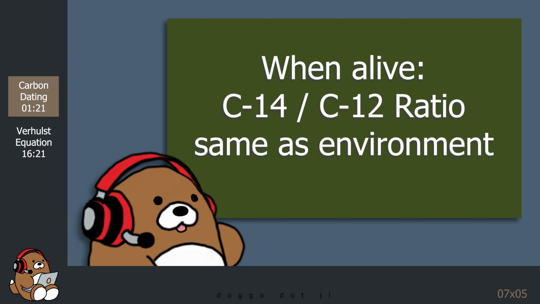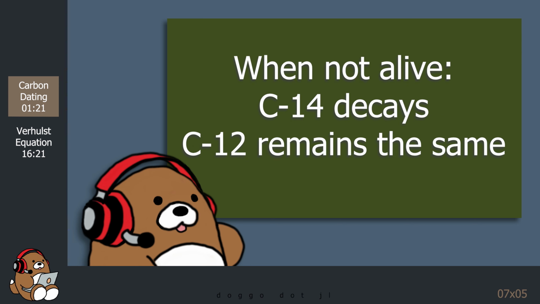In living plants and animals, the ratio of carbon-14 to carbon-12 is the same as it is in its environment. Once the plant or animal stops living, the level of carbon-14 begins to decay, while the level of carbon-12 remains the same. But it doesn't decay in a straight line.